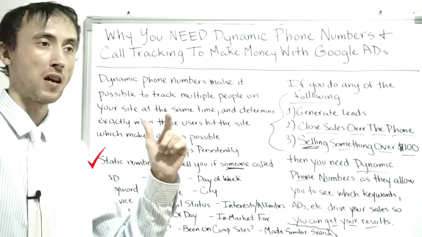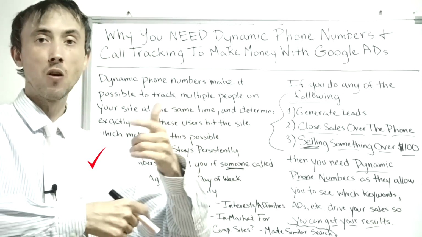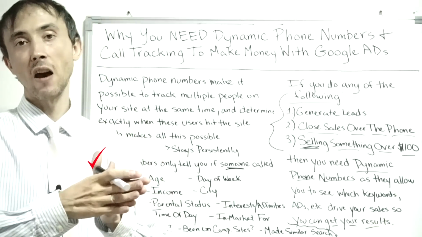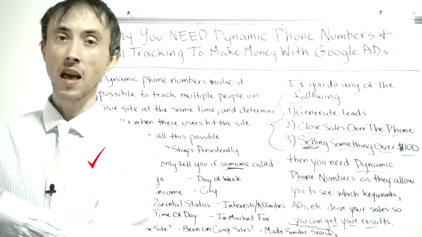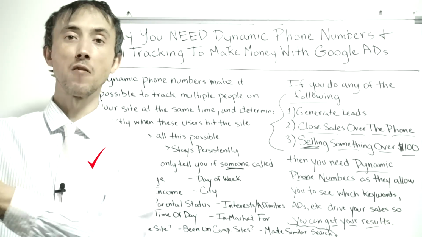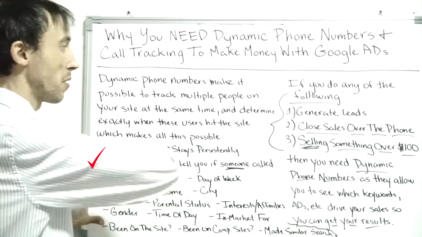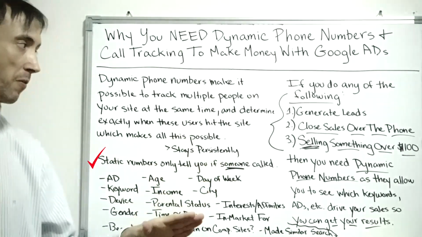So if you optimize for visitors that would call, you would be working to weed out the part of the account that doesn't result in eventual sales. When you feed all this data back into your ad account, you'll be able to see where the sales are coming from.